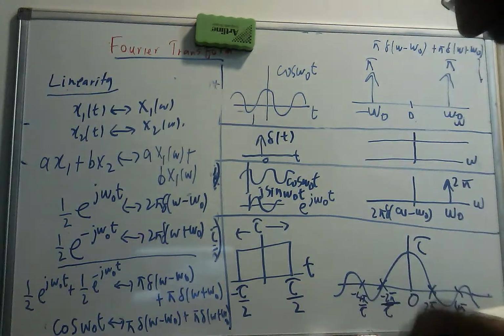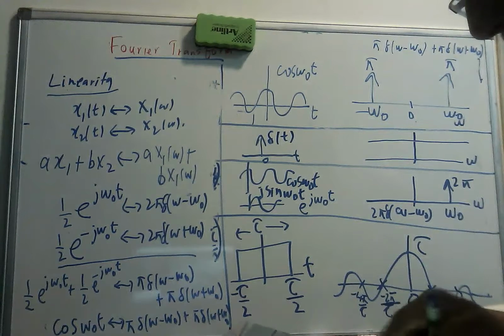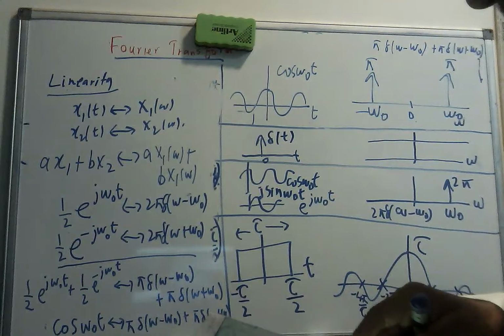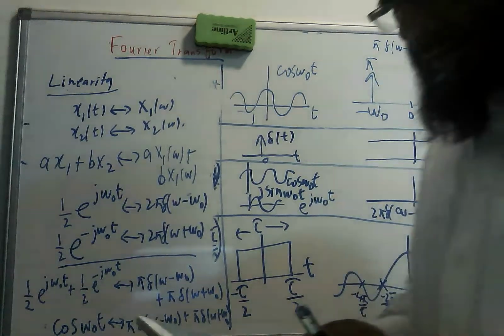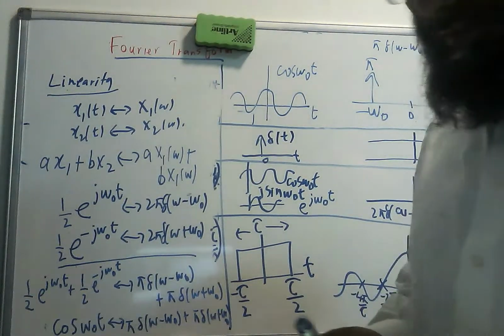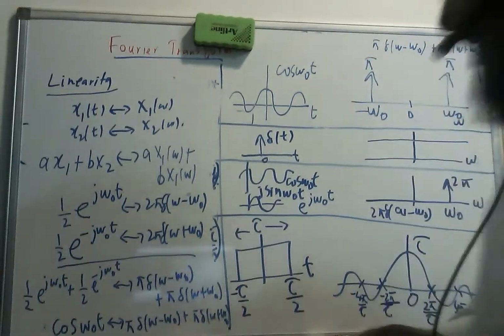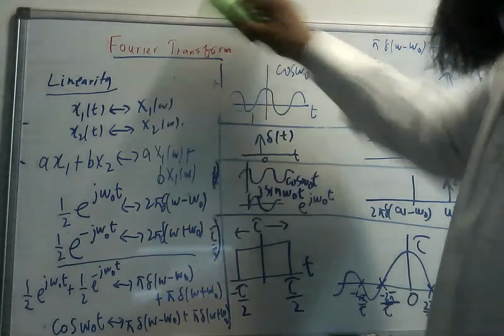Now the second property, and you can also find the Fourier transform of sine using this, as you can see in the next slides. Now let us go to slide number 8, the second property, which is the property of time shifting. Now this is a very important property.